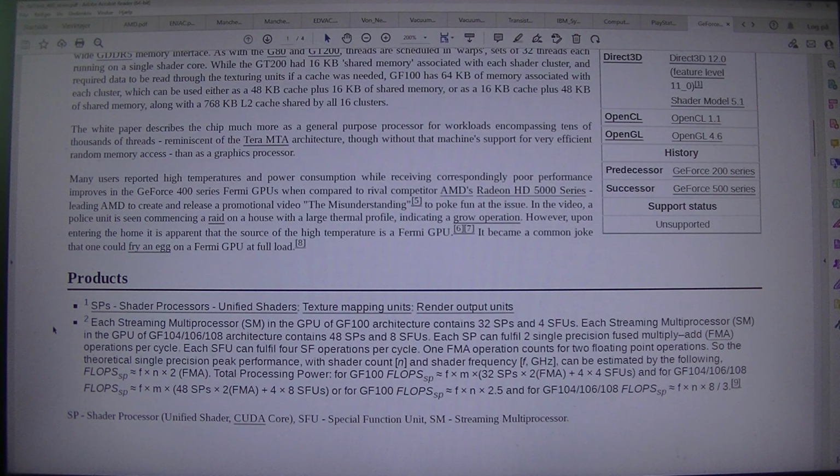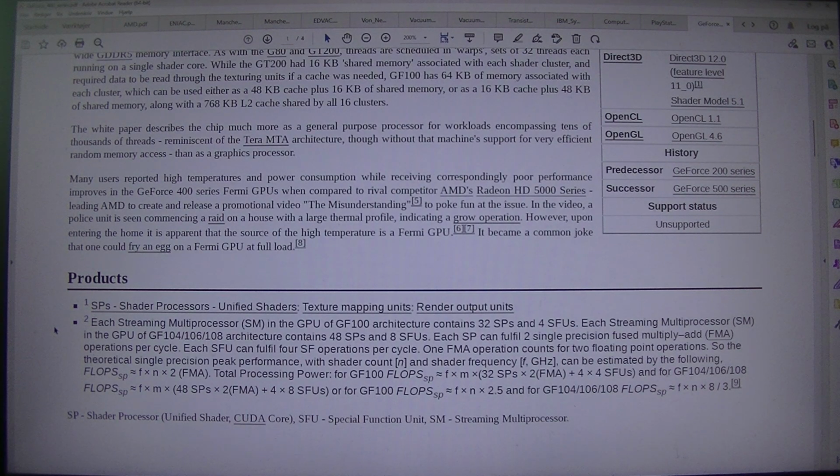Each SFU can fulfill 4 SF operations per cycle. 1 FMA operation counts for 2 floating point operations. So the theoretical single precision peak performance, with shader count N and shader frequency F in GHz, can be estimated by the following: FLOPS SP approximately equal to F times N times 2, FMA.